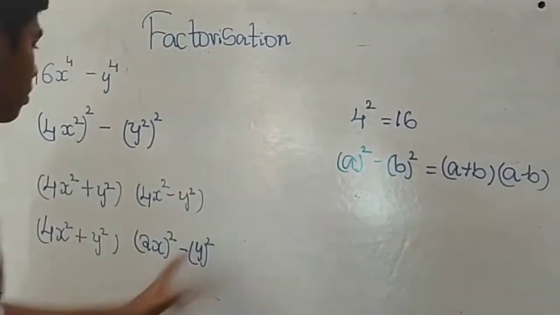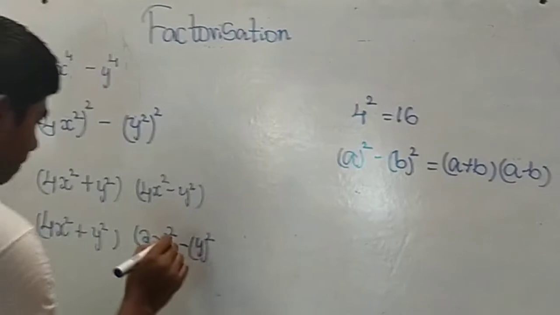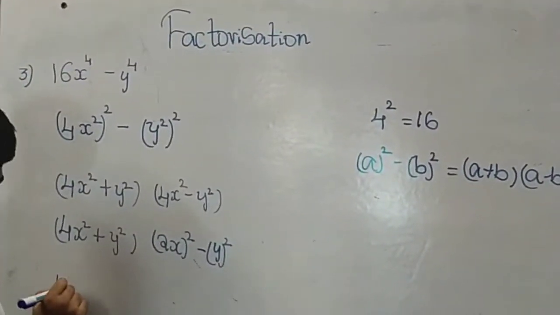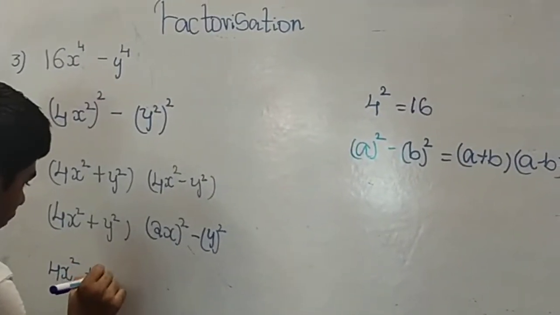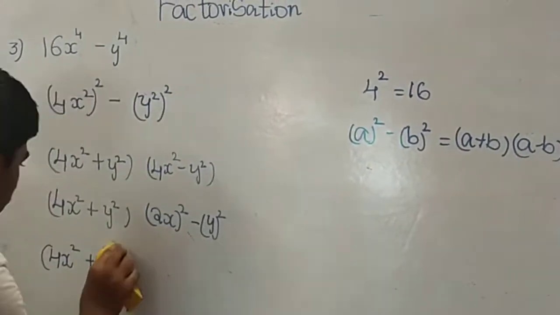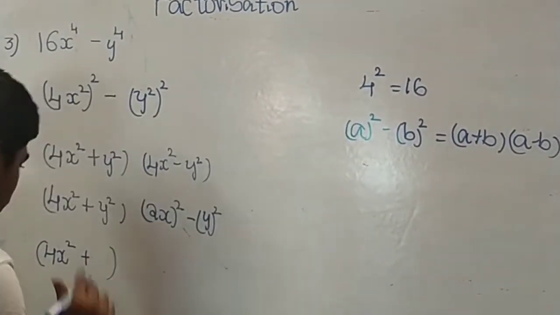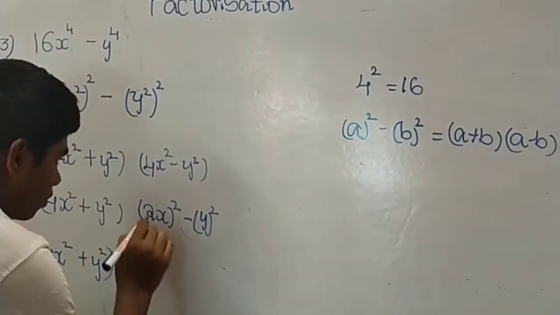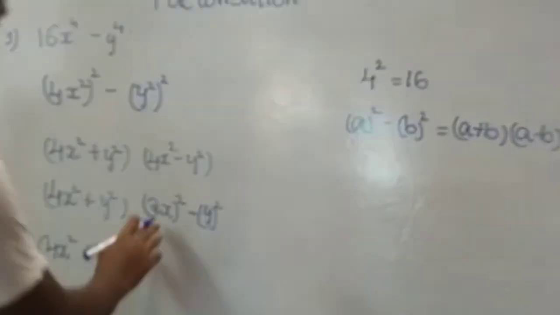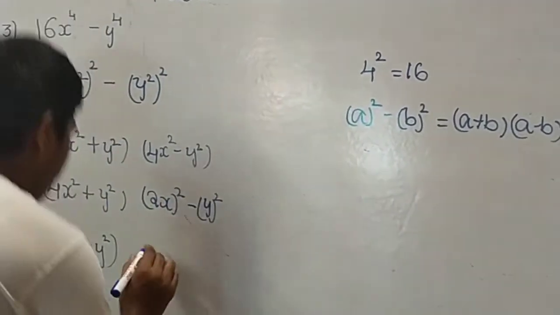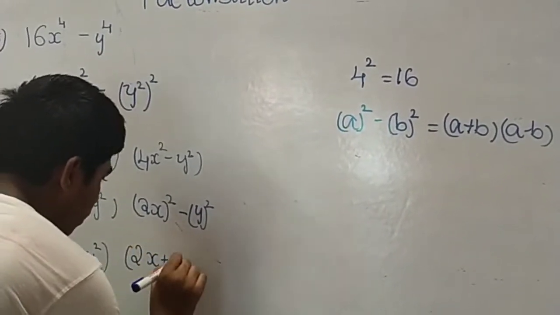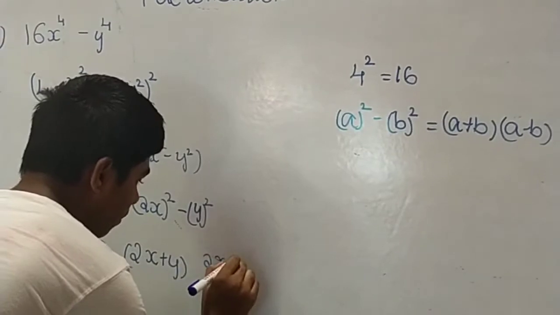Now I have to change this into this form: 4x square plus y square into (2x) square minus y square. a square minus b square is a plus b into a minus b. Here a is 2x, b is y: 2x plus y into 2x minus y.